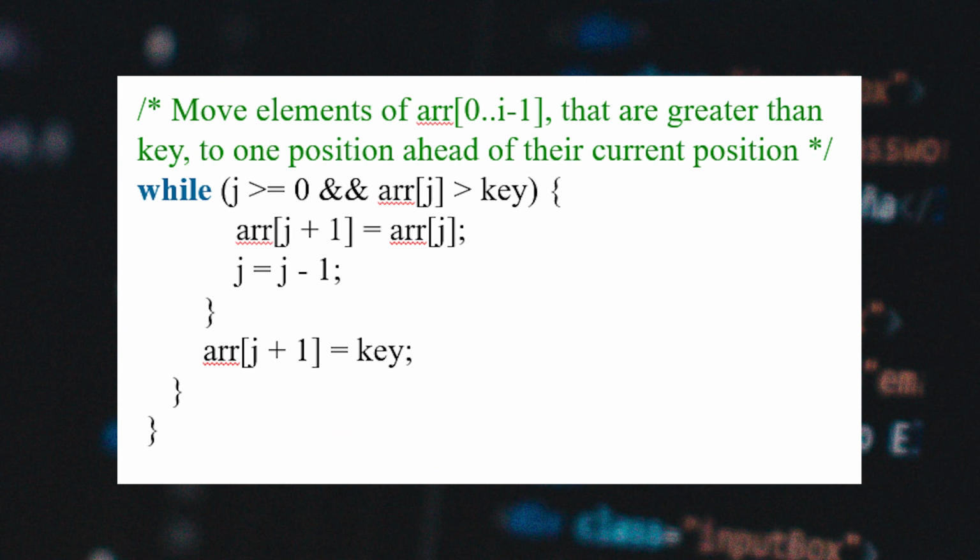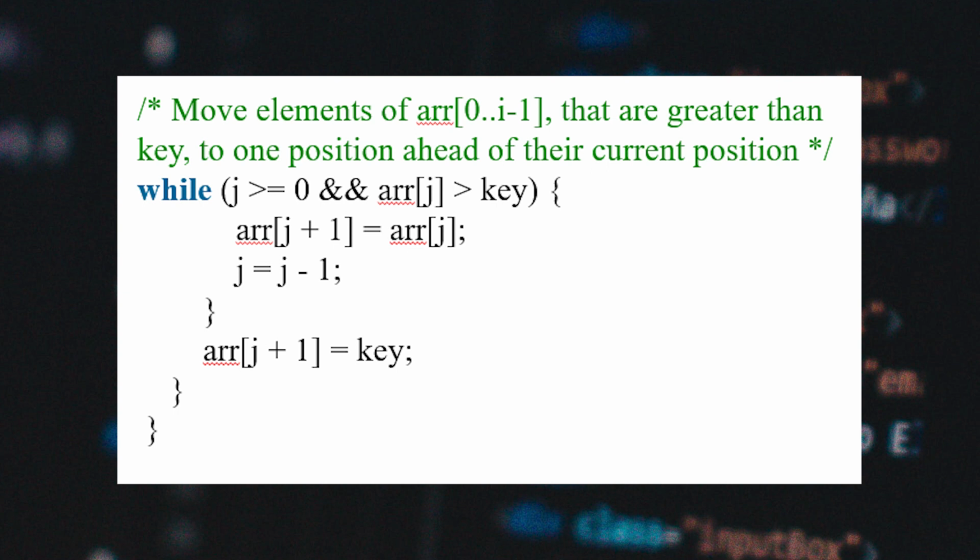Here we move elements of the array from 0 to j minus 1 that are greater than the key one position ahead of their current position. Here we have two loops, the first is a for loop and the second is a while loop.